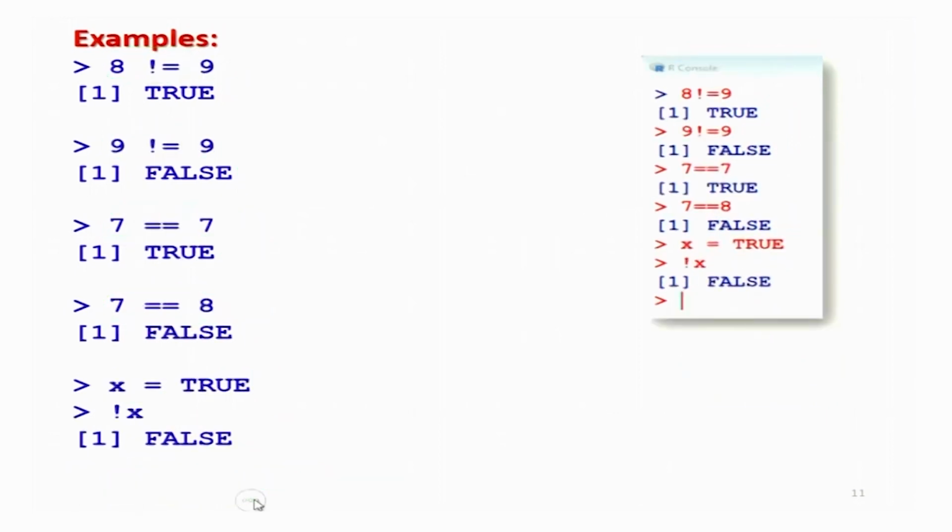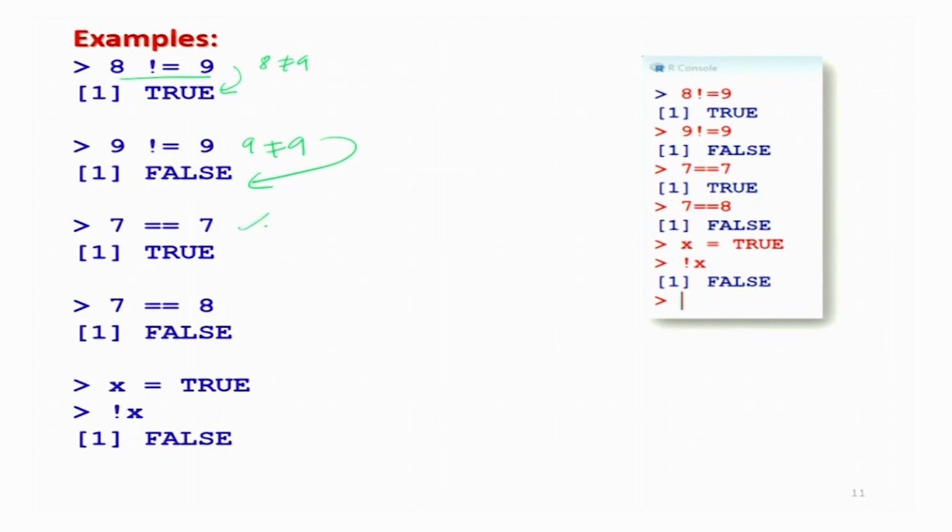right. And similarly, if you try to take some more operations, you write down 8 is not equal to 9. Yes, this is correct. So, it is true. Now, you write down 9 is not equal to 9, it is false. You write down 7 is equal to 7?